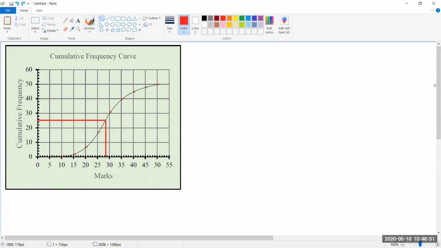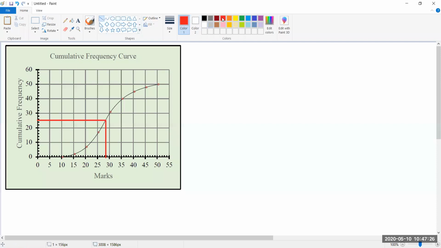Okay, so how did I find the median? The median, remember, it's half of the entire range, right? So the lower quartile will be what? A quarter of it. So what is a quarter of 50? A quarter of 50 is how much? 12.5, very good.